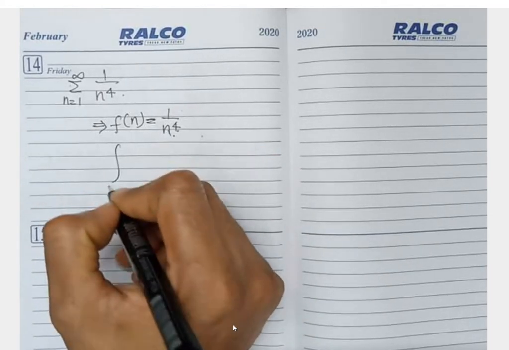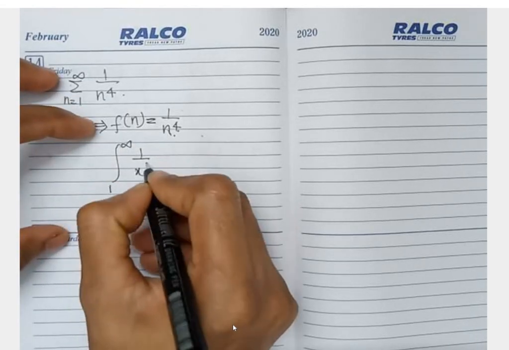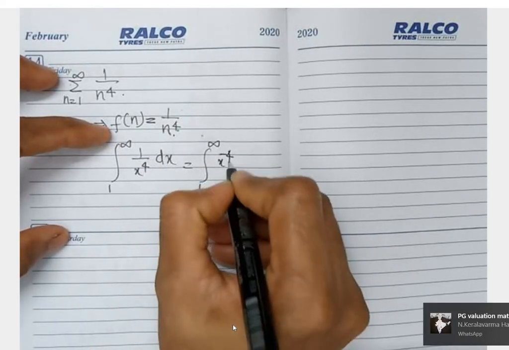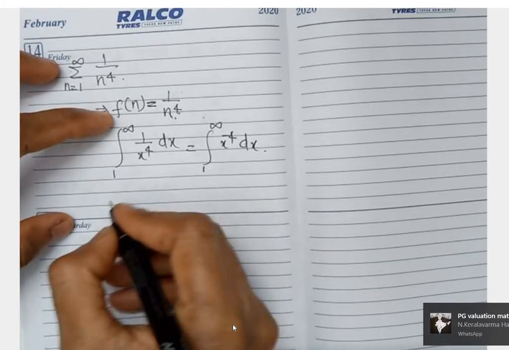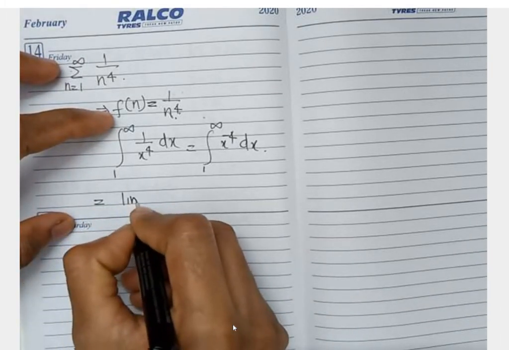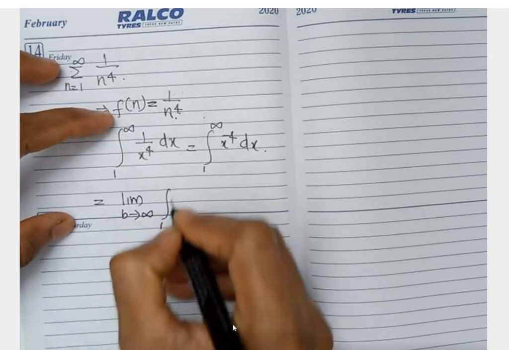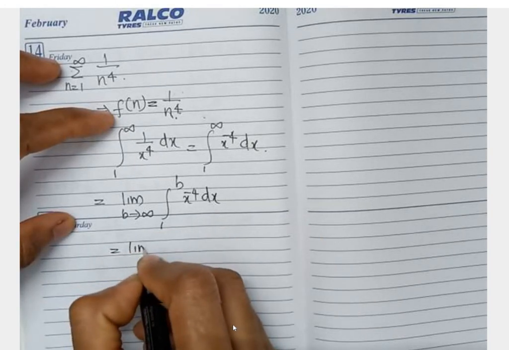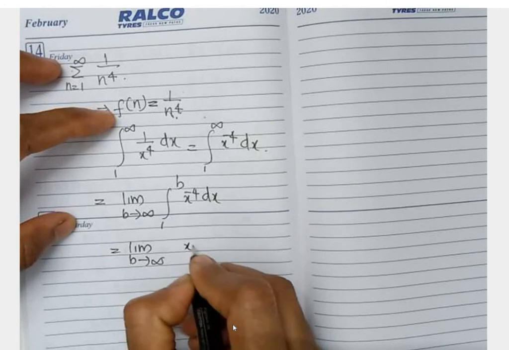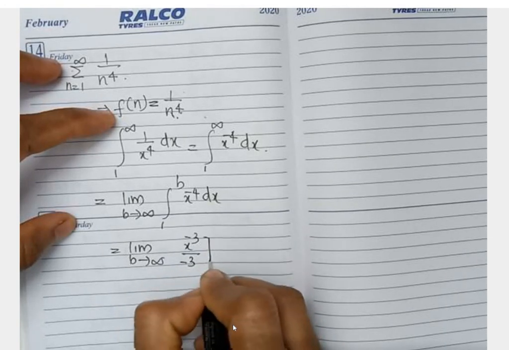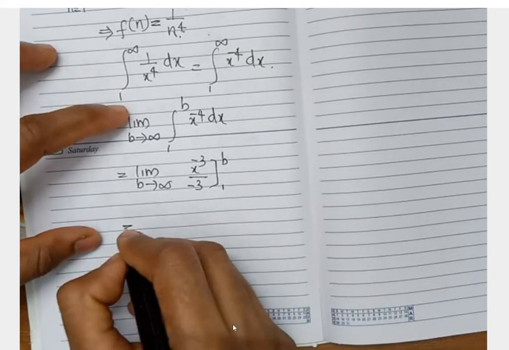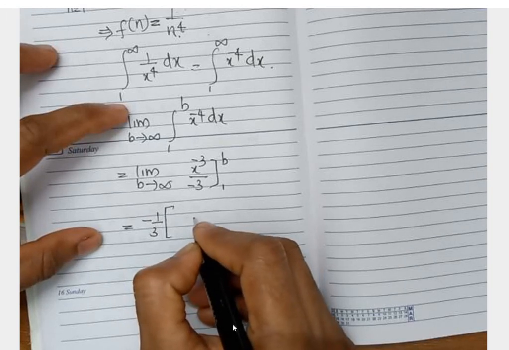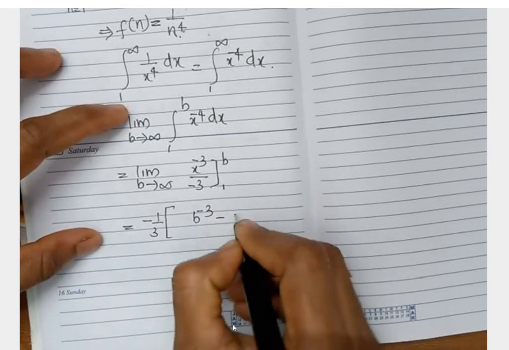The integral from 1 to infinity of 1 by x raised to 4 dx is equal to the integral of x raised to minus 4 dx, which implies the limit as b tends to infinity of the integral from 1 to b of x raised to minus 4 dx. That is equal to the limit of x raised to minus 3 divided by minus 3 from 1 to b, which is equal to minus 1 by 3 into (b raised to minus 3 minus 1 raised to minus 3).